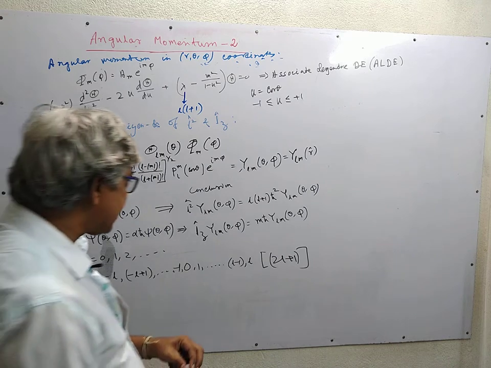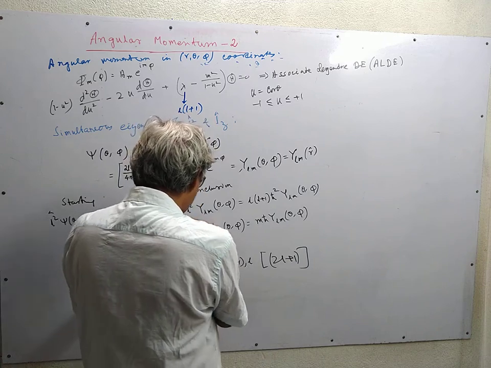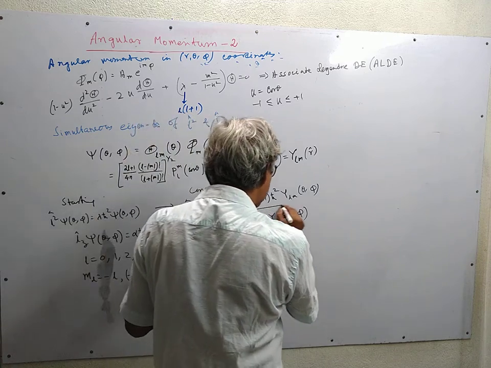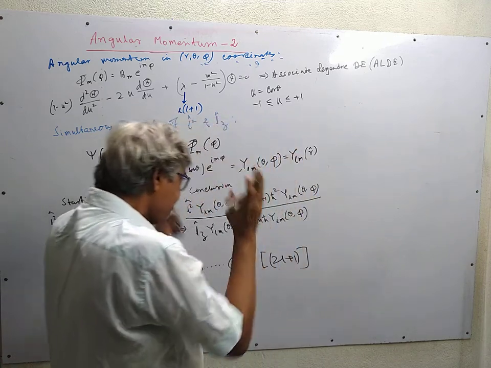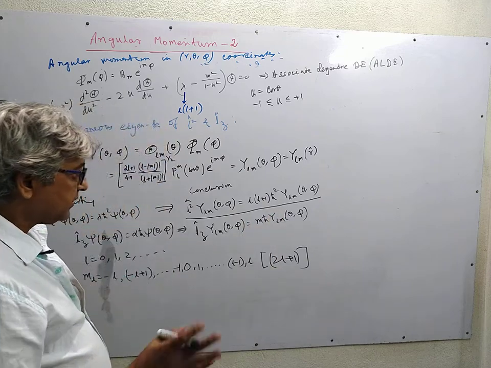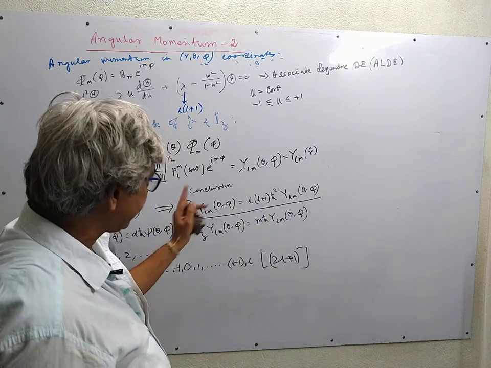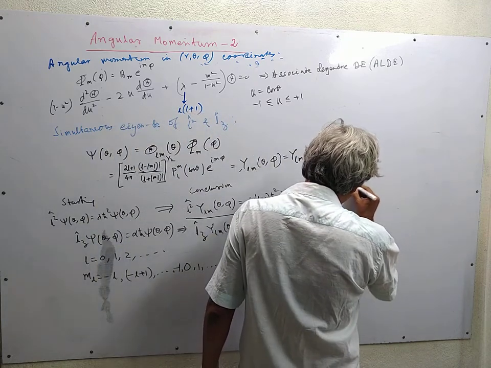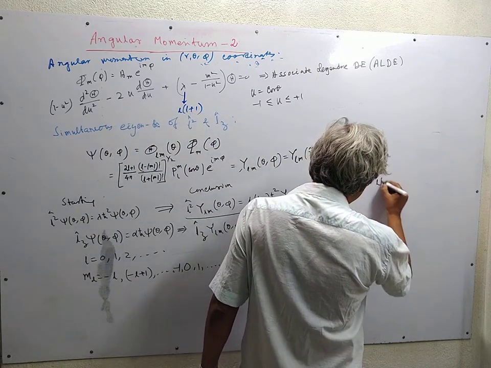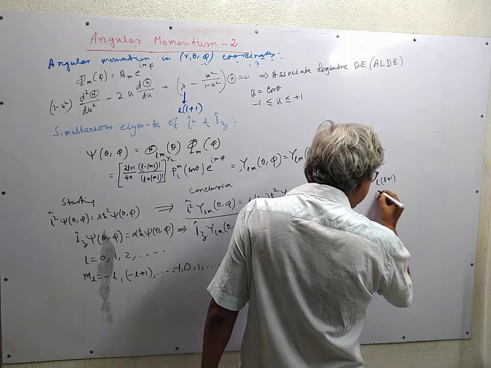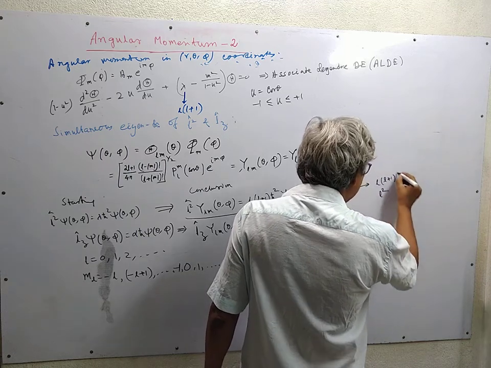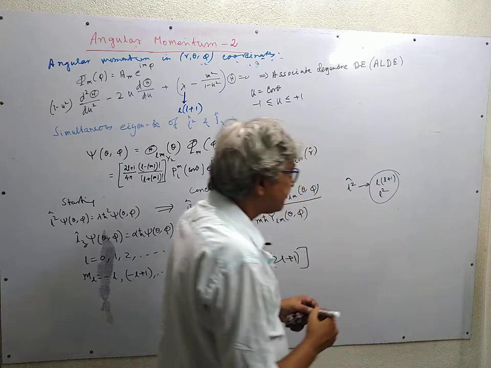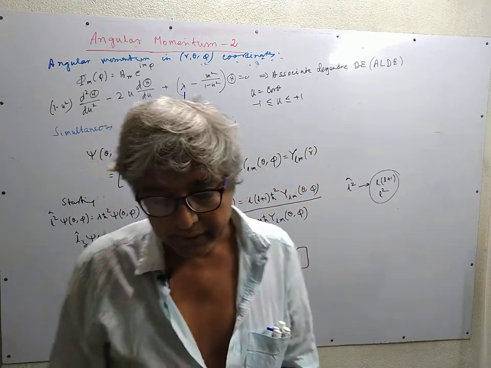Only thing is that in the earlier expression it was assumed that the eigenvalue of the L operator is simply L, but here the eigenvalue of the L square operator is L(L+1) instead of being L square. So there is an extra term.